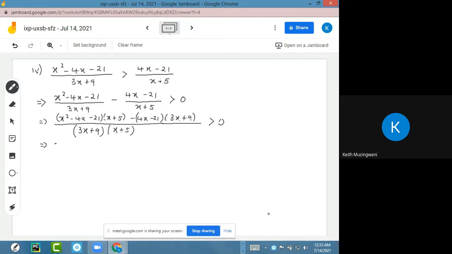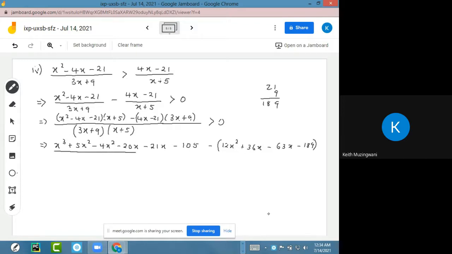Expand the numerator, so have x power 3 plus 5x squared minus 4x squared minus 20x minus 21x minus 105 minus, we expand the other one, 4x by 3x, we get 12x squared plus 36x minus 63x minus 21 by 9, we get 189.